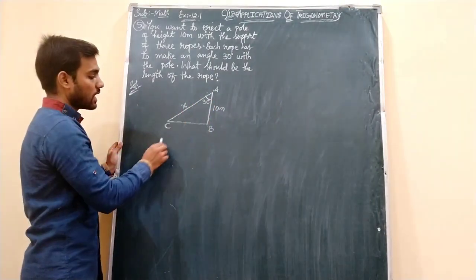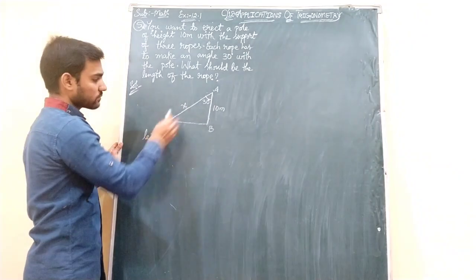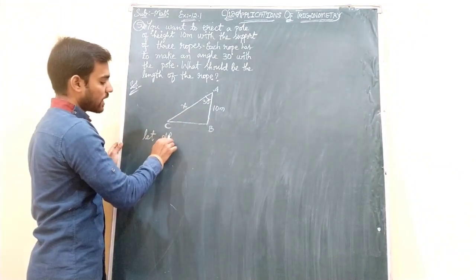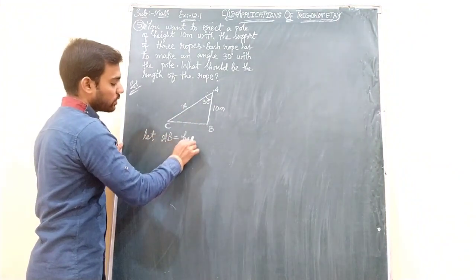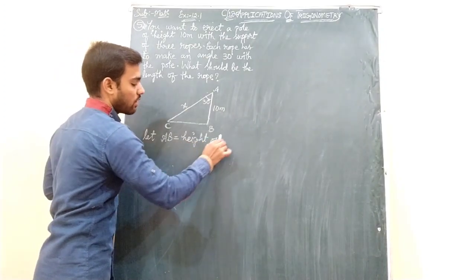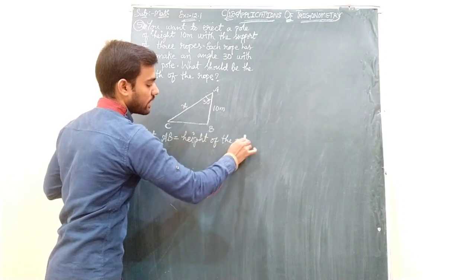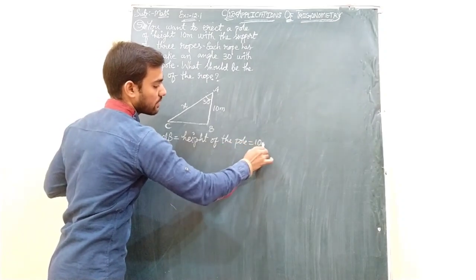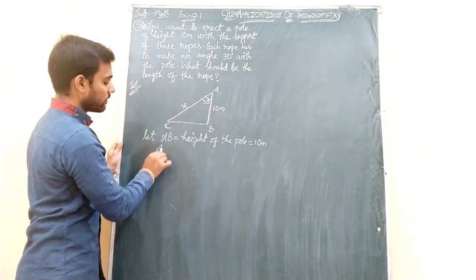Okay students, so now I will take the diagram data. AB is the height of the pole, that is how much? 10 meters. Next, AC we need here.